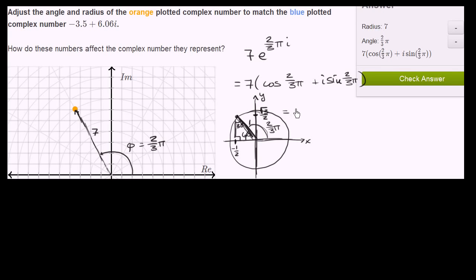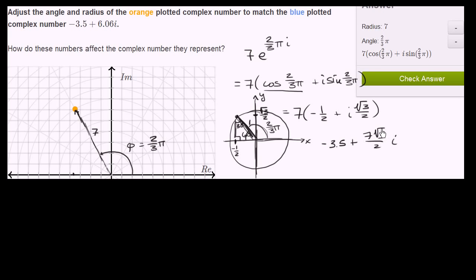So this is going to be equal to 7 times negative 1/2, that's cosine of 2/3 pi, plus i times the square root of 3 over 2. So let's verify that that's actually the same thing as that over there. Well, 7 times negative 1/2 is negative 3.5, plus 7 square root of 3 over 2 i. So we already see that the real parts are definitely the same. It's negative 3.5.